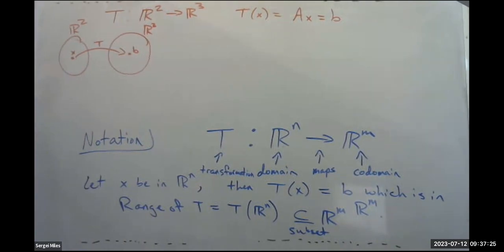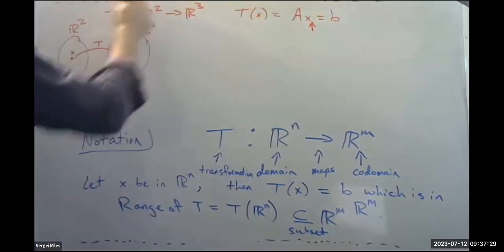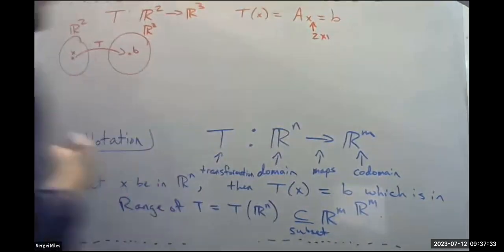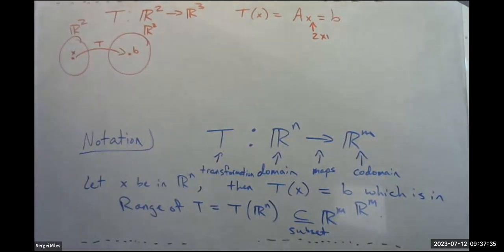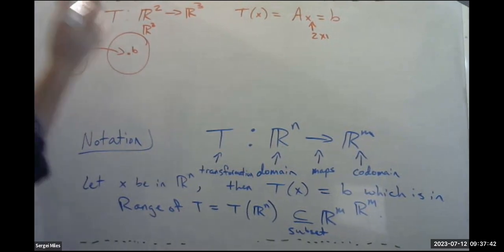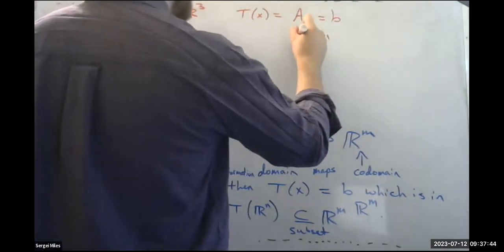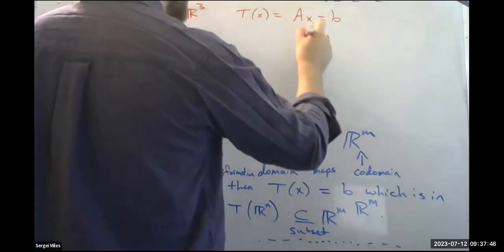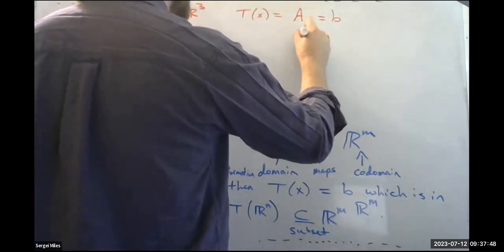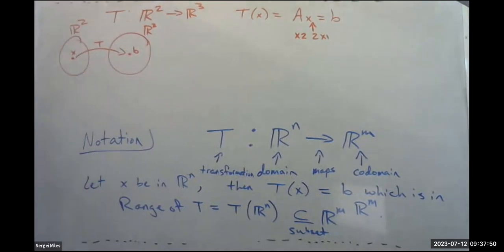But in order to do this multiplication, I already know that my domain is R2, so x is a 2 by 1. Well, based on what we've said about matrix multiplication, because x has 2 rows, that means the matrix A has to have 2 columns.